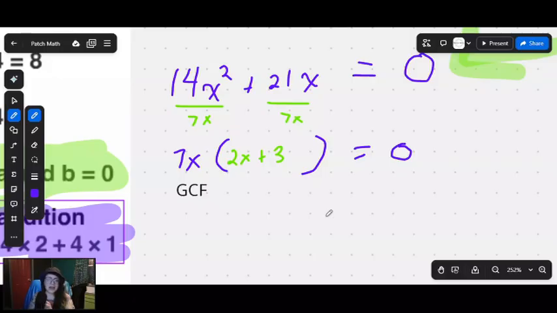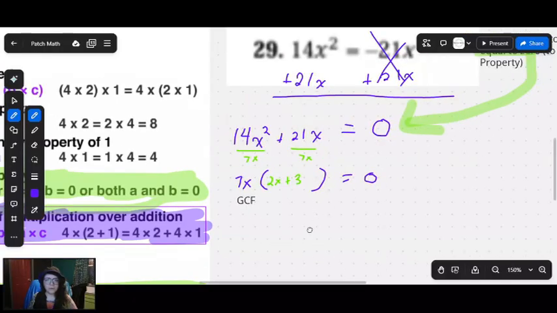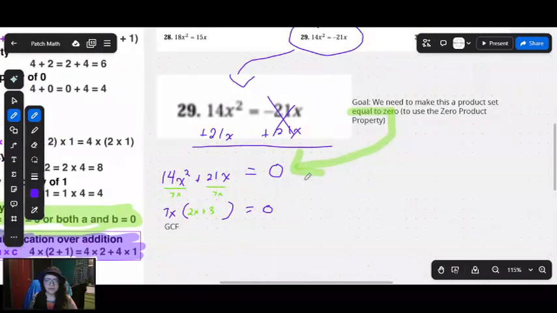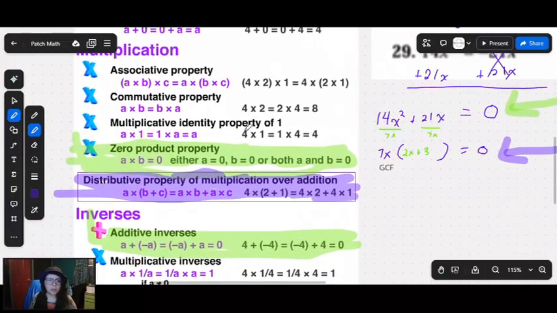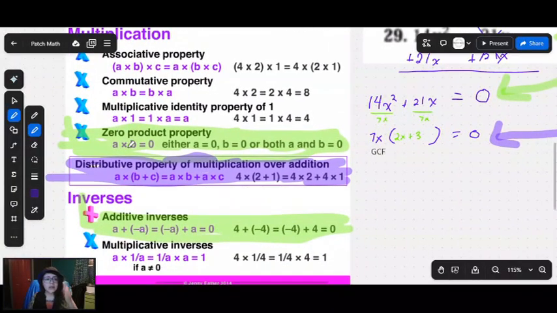Now, the question is, have we met the second part of our goal? Do we have a product? Yes, we do. We have a product that is set equal to 0 now. And now we can use the 0 product property. So if the first part, 7x, it could have been 0. The second part, 2x plus 3, that could have been 0.